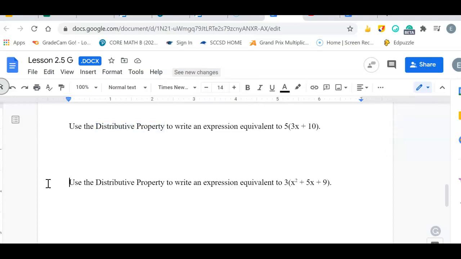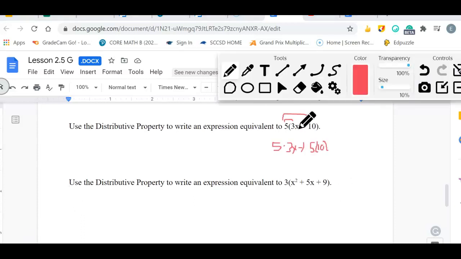Then we have a challenge problem for you. Use the distributive property to write an expression equivalent to 3 parentheses x squared plus 5x plus 9. See if you can do that one. Check back in when you are done.